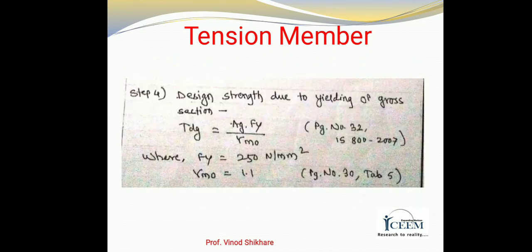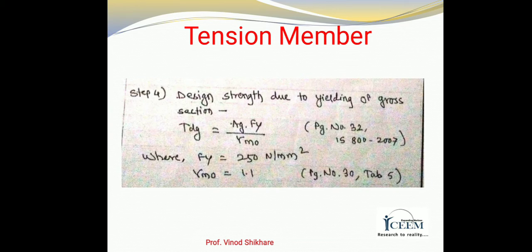Then step number 4: design strength due to yielding of cross section is given by TDG is equal to AG into Fy divided by rho m0, where Fy is yield stress of the material, AG is cross sectional area, and rho m0 is the partial safety factor for failure in tension by yielding.